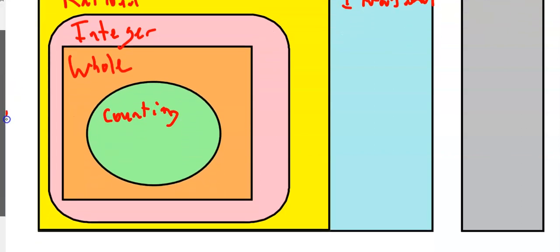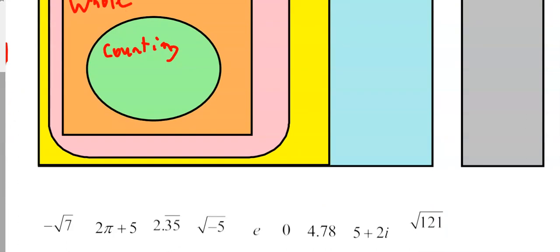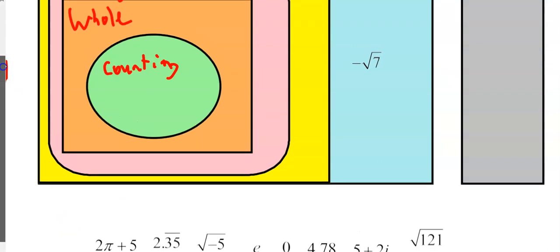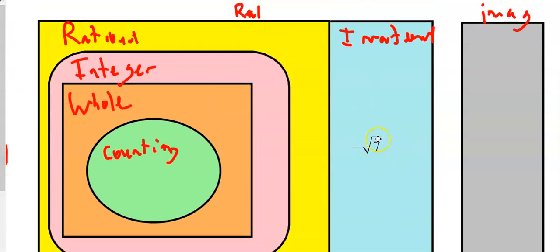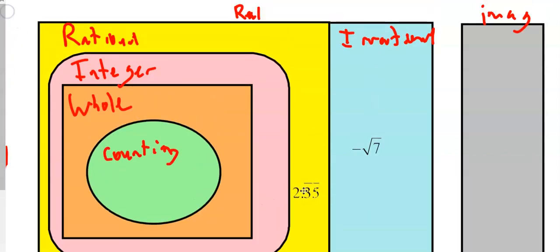So let's look at a few examples of some numbers here and just put them in the proper spot. Negative square root of 7, this would be irrational. This is a classic irrational number, which means that number is both irrational and real. 2.35 sounds rational to me, but it's not an integer. It has a decimal. So it would be considered rational and real.